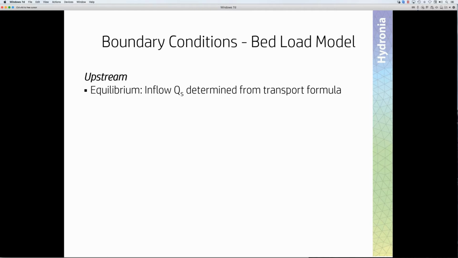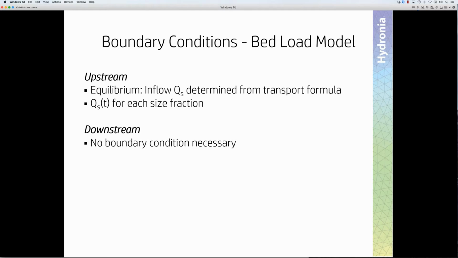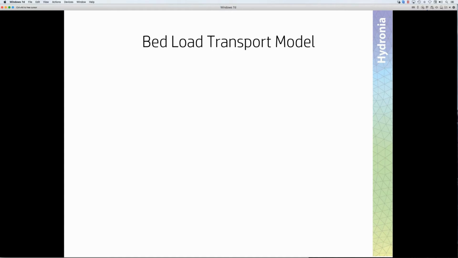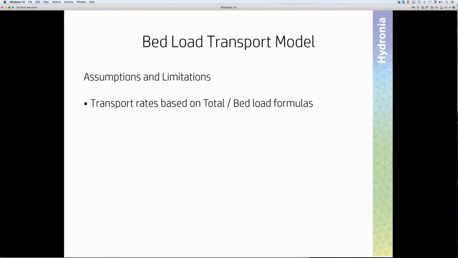But also you can provide the discharge as a function of time for each size fraction. So if you know what the inflow discharge is, or want to evaluate for future versions, you can also give that upstream. Downstream does not require any condition. Now, some of the assumptions include the following.